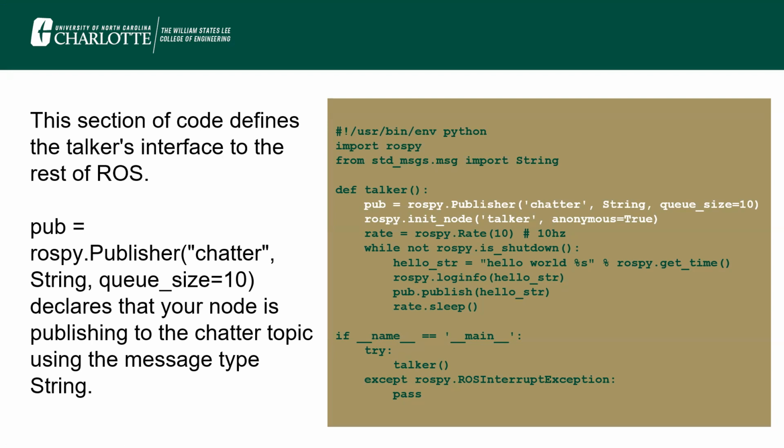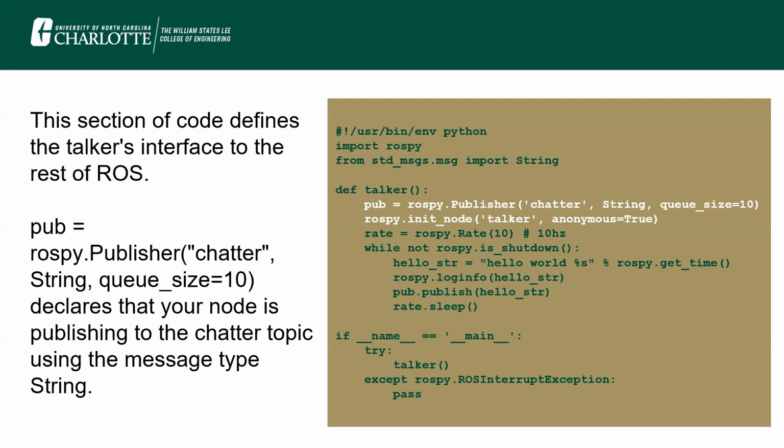It's in a try-except just for safety, so whenever we press Control-C to cancel the node's execution, this exception will catch it and clean up and exit the script a little more cleanly. So talker is the function that's really running what we want our code to do.